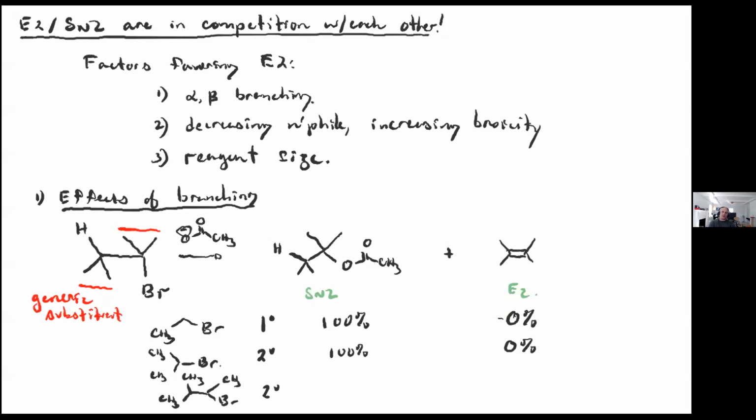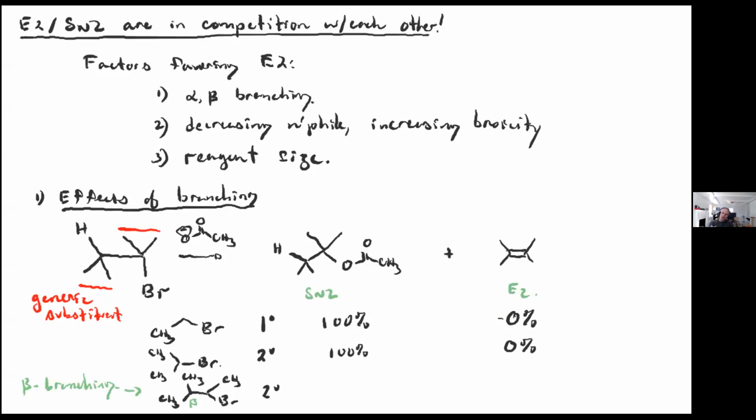The carbon that the leaving group is attached to is directly attached to two other carbons, but I have beta branching. Remember when we talked about SN2, we separated alpha and beta substitution.